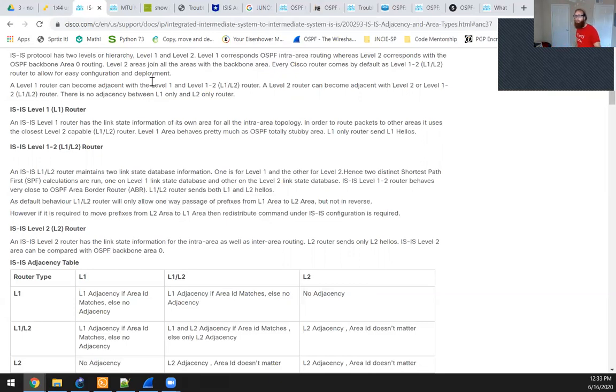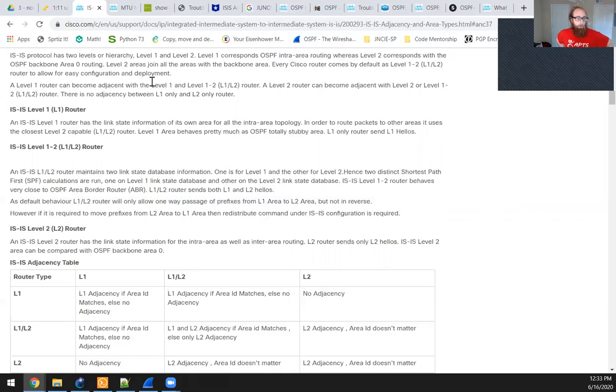So if you're forming an adjacency from an L1/L2 router to an L1/L2 router, you're going to have two adjacencies, one across level 1 and one across level 2. If you form an adjacency to a purely level 1 or level 2 router, you will only have one adjacency, because you have an adjacency per level where an adjacency is capable of being formed.